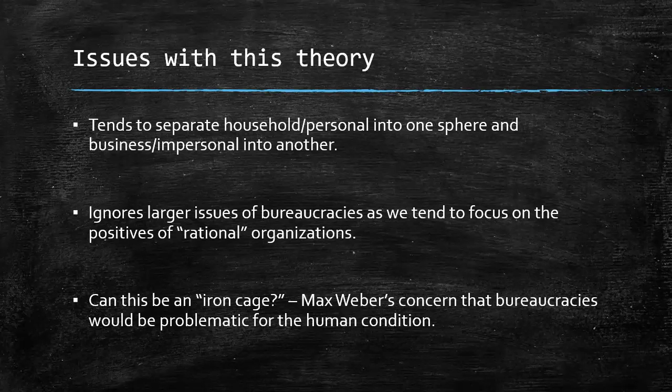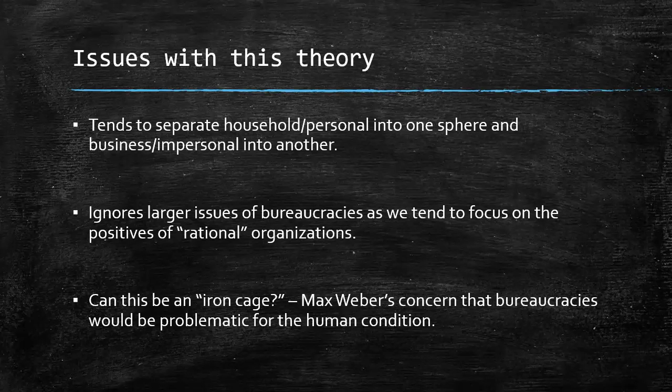The other thing that Max Weber discusses, and we're going to be talking about this in the readings, is this notion of an iron cage, around being rational and making these decisions. We're not always very good at that, and it may be that we're not meant to work like machines, right?